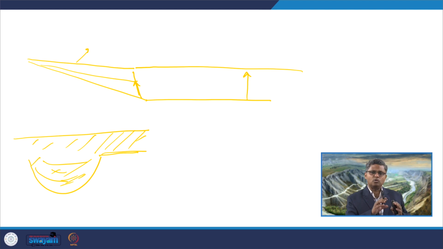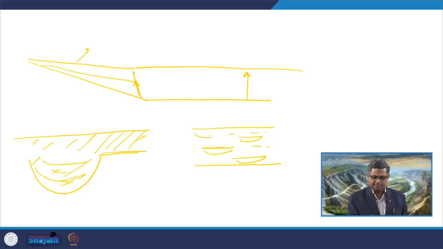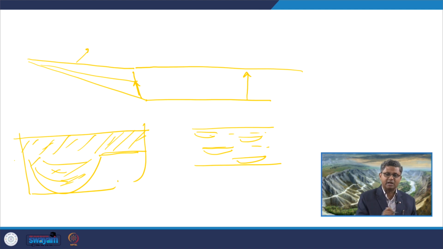Now, if I try to think of this in a larger scale, so during this HST phase what we expect is we get overall thick overbank deposits, and within these thick overbank deposits which are dominantly mud, we get this kind of channels which are actually separated channels, because as you can see over here, one channel is separated by this thick mud deposit.